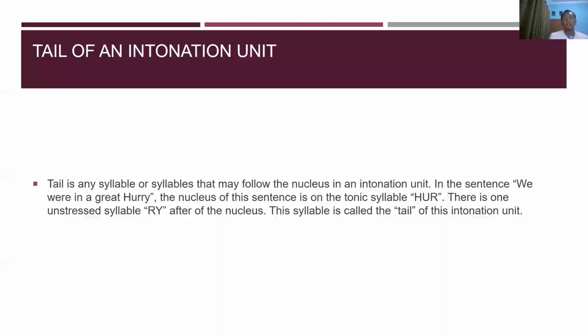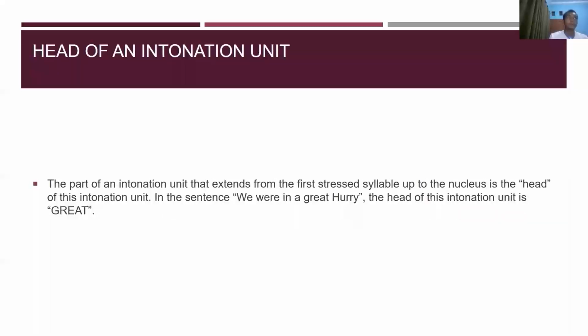In the sentence, we were in a great hurry, the nucleus is on the tonic syllable "hur". There is one unstressed syllable "ry" after the nucleus. This syllable is called the tail of this intonation unit.